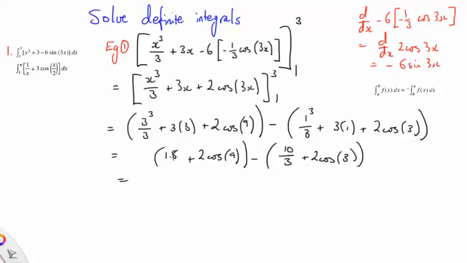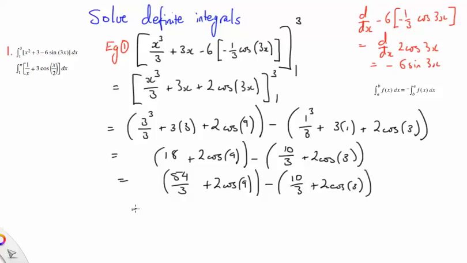Well, 10 on 3, and we've got 18, so that's the same as 54 on 3, plus 2 cos of 9 minus 10 on 3 plus 2 cos of 3. So that's 44 on 3, because I've gone 54 on 3 minus 10 on 3, plus 2 cos of 9 plus 2 cos of 3. And you can't simplify that any further.